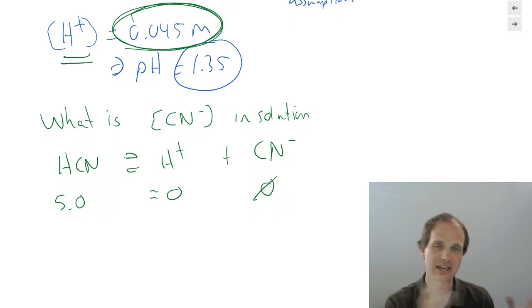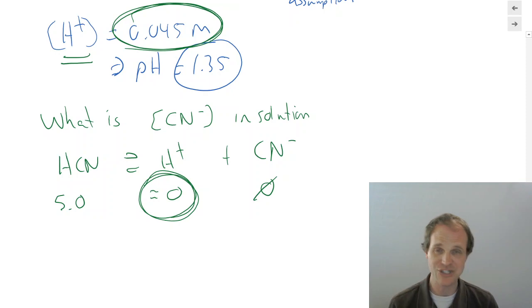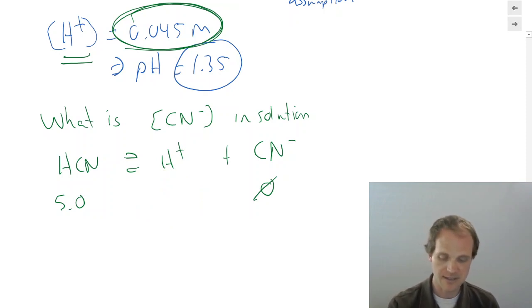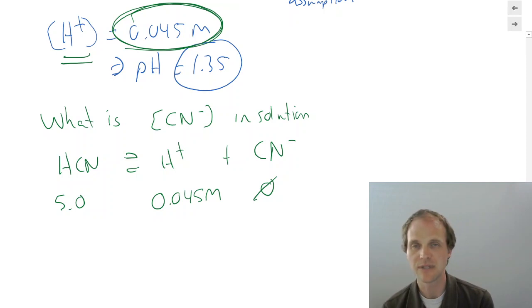Whether we have the HCN at the beginning, whether we have it at the end, when it's all mixed together, the HCN is in a solution that is 0.045 molar H plus. And we can't ignore that. We can no longer say that it's approximately 0 because it's just the contribution from water. We have to say that this is 0.045 molar.